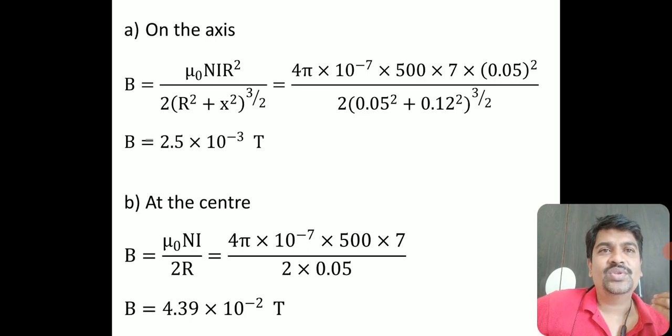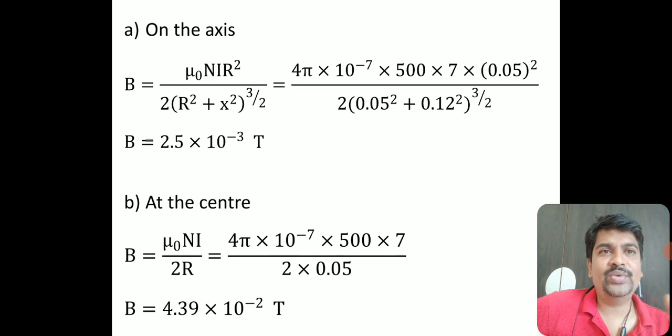Right, so you substitute one by one: mu naught 4 pi 10 to the power of minus 7 into the number of turns 500 into the current flowing 7 amperes into the radius of the coil, which is converted into meter, 0.05 square.